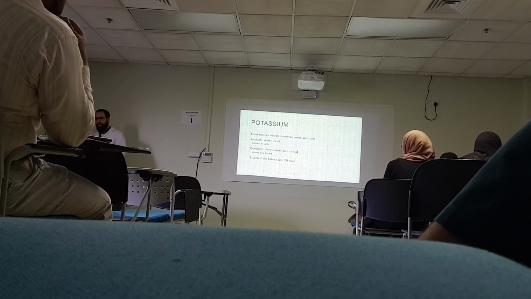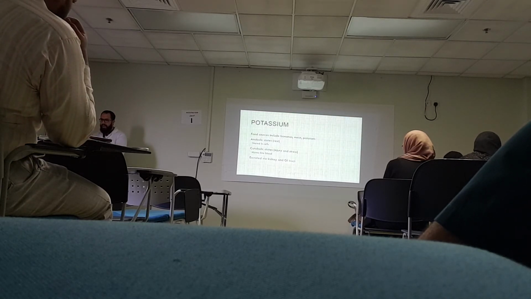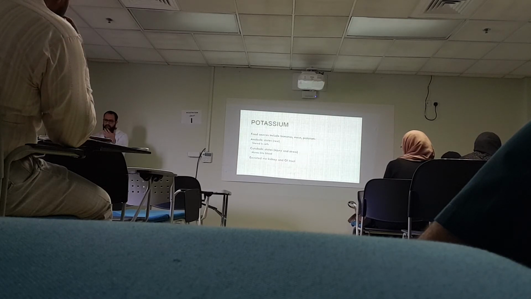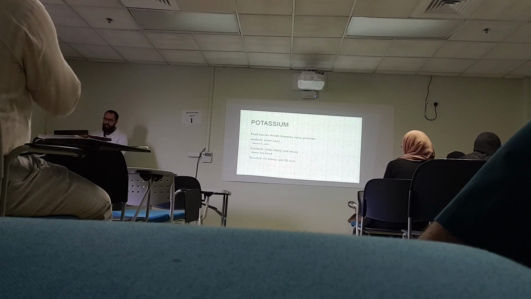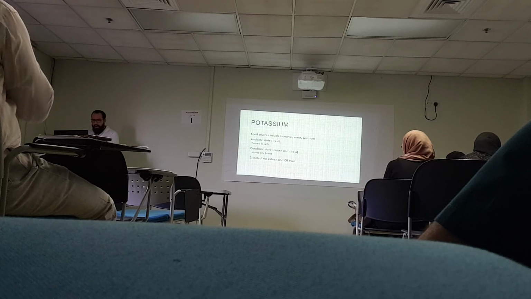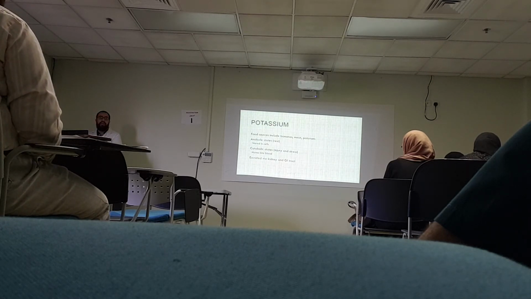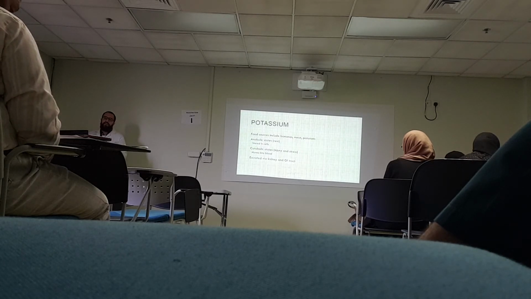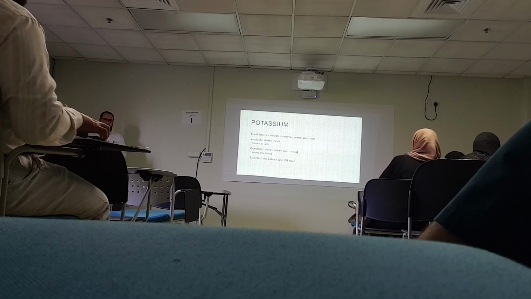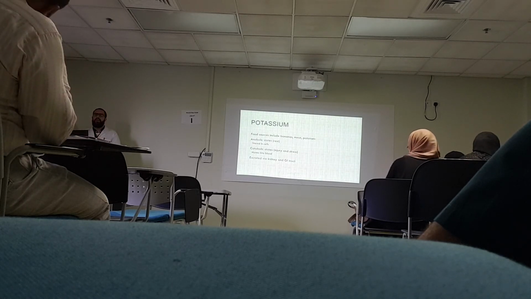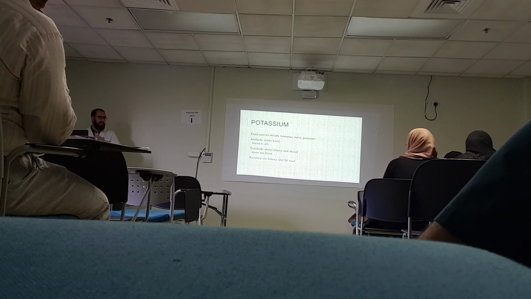So food sources, as we saw, banana, meat, potatoes. If the patient is not eating properly, he will have hypokalemia. Also, normally the potassium is high inside the cell. If there is any disease that does not maintain the balance, the potassium will move from inside the cell to the plasma.